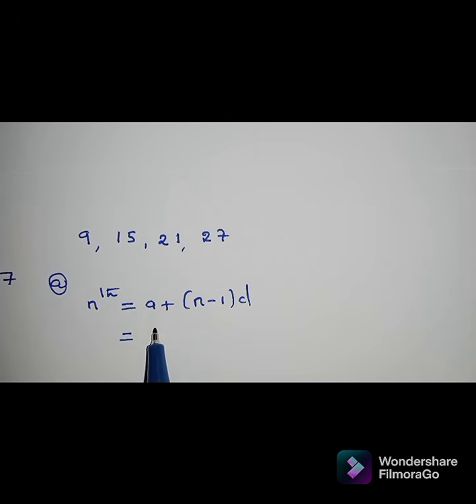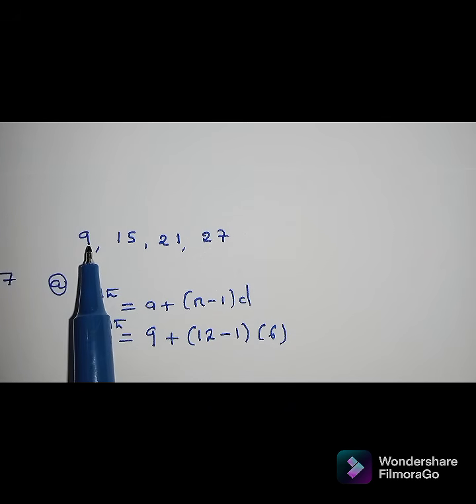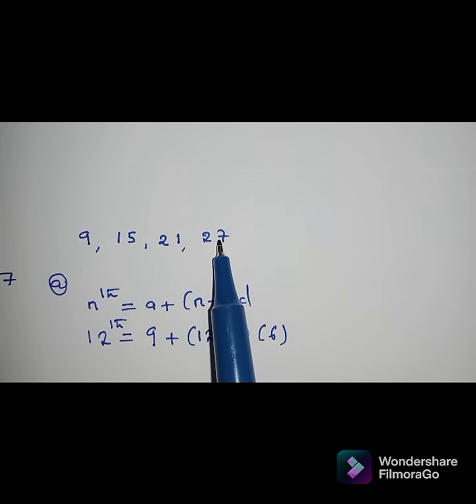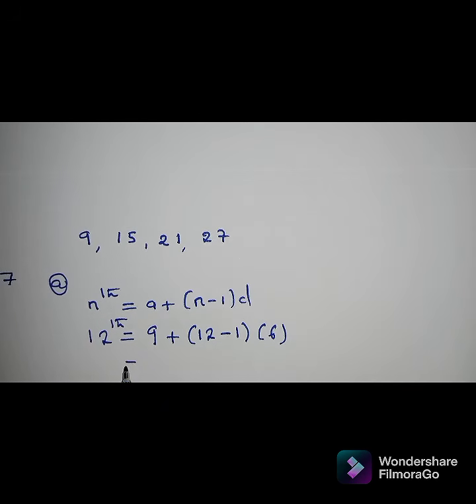Our A is the first term, which is 9, plus our n is what we want. In this case is 12. So put 12 minus 1. Our D is the common difference, which is 6. If you say 15 minus 9 is 6, 21 minus 15 is 6, 27 minus 21 is 6. So our D is 6.